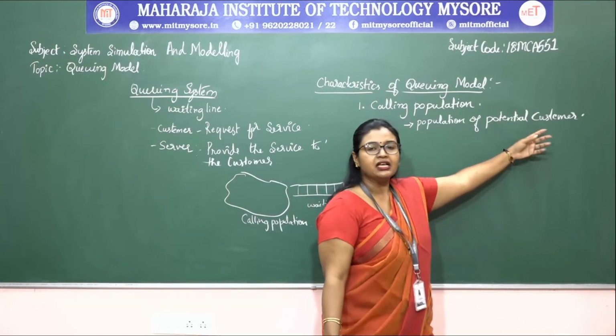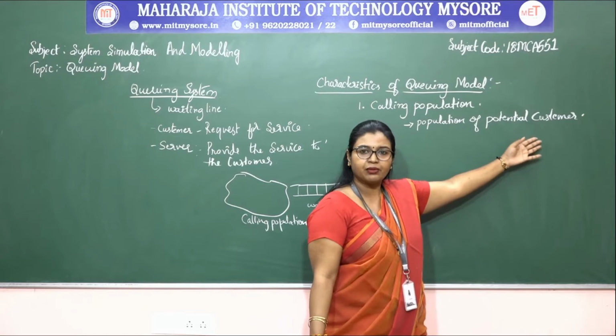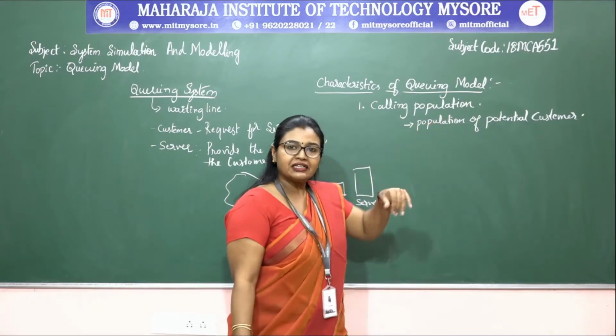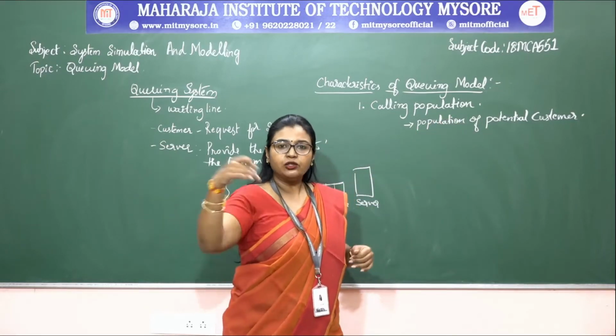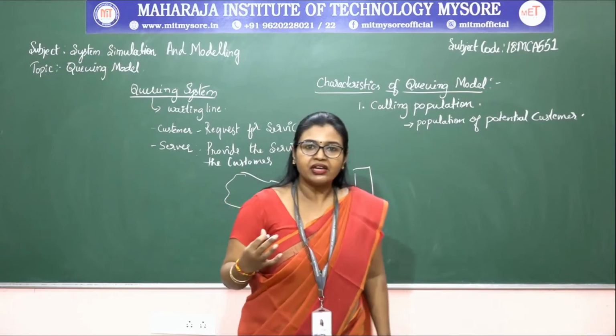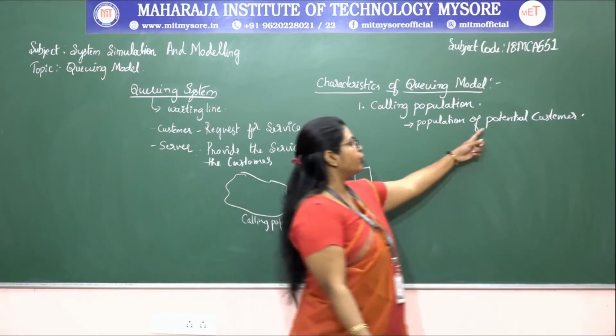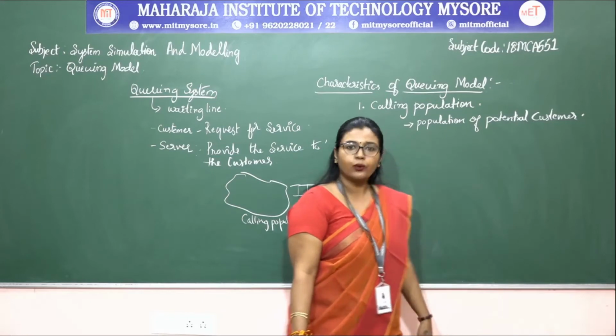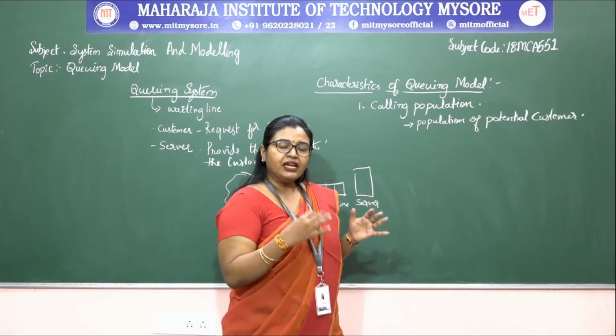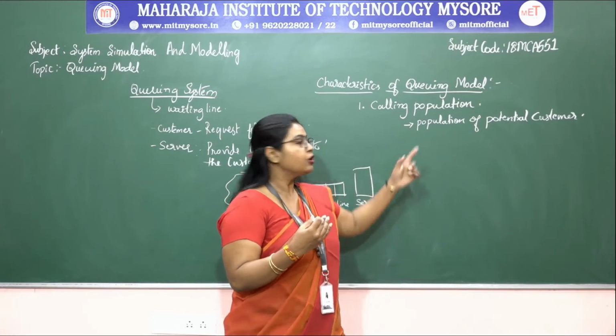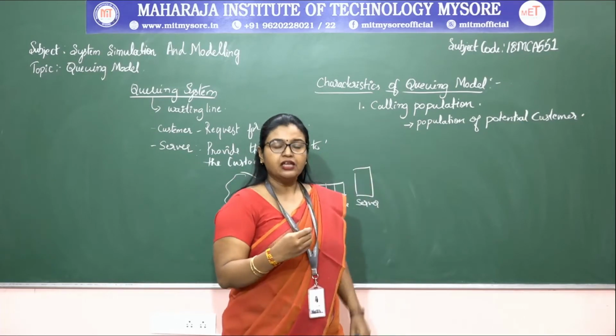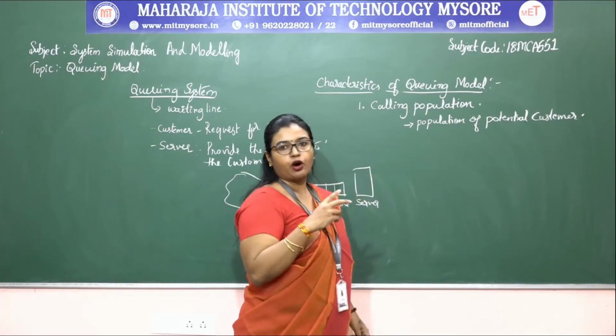Already we have discussed the examples for this customer. Those who are interested in coming into the system to take the service are called the potential customers. Now we need to think of the characteristics of this calling population. Here we have two types of calling population.